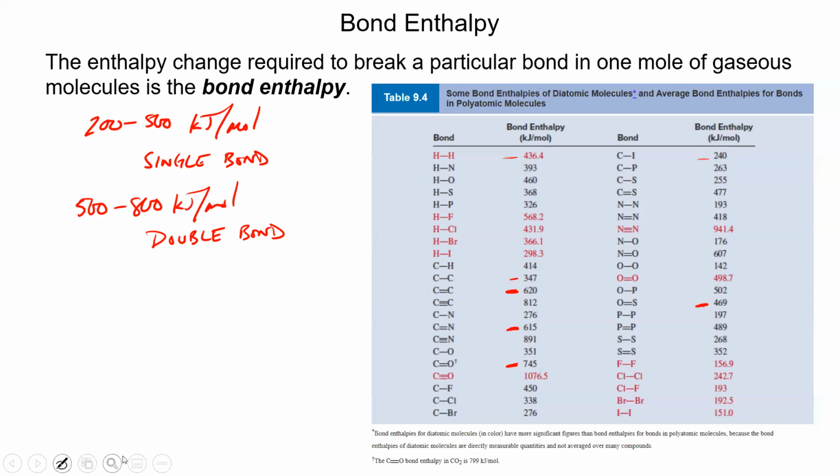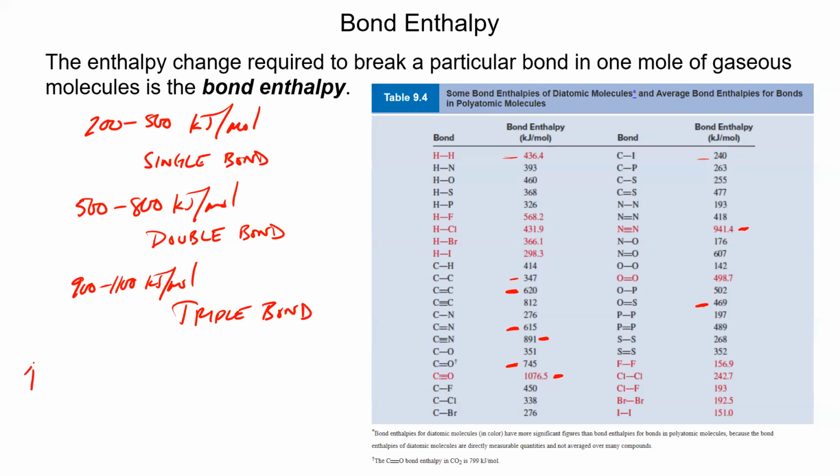And then for a triple bond, there's not a whole lot of those on our table, but there's a carbon-nitrogen triple bond at 891, carbon-oxygen triple bond at almost 1100, and then a nitrogen-nitrogen triple bond at 950. And so we're looking at 900 to 1100 kilojoules per mole for a triple. And so the general trend is that the more electrons that you share, the stronger that bond is, the more energy it takes for that bond to be broken.